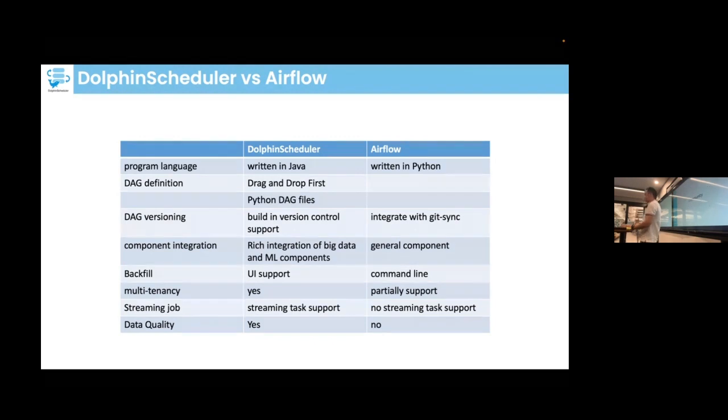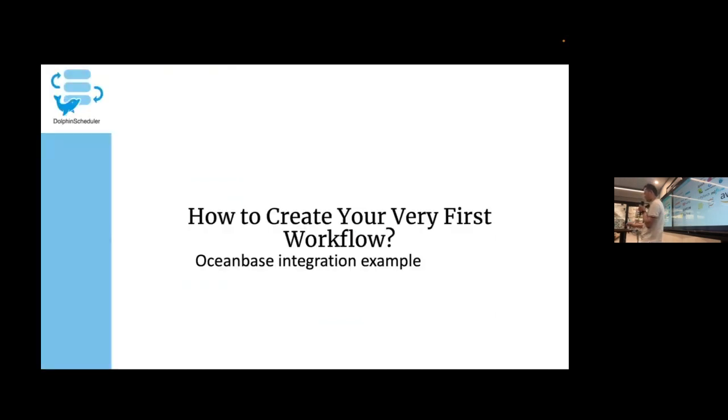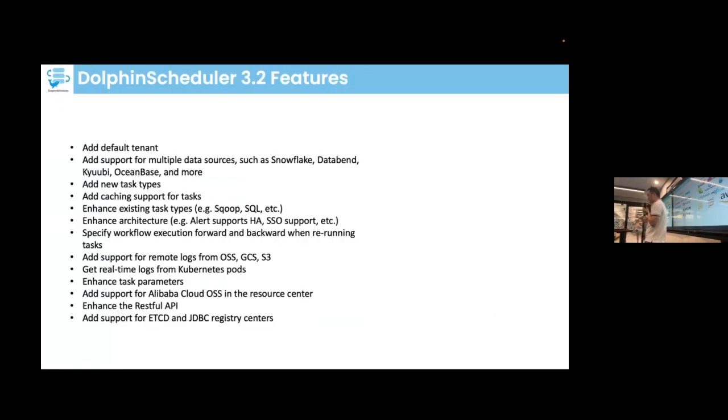Okay. Next, I will talk a little bit about the DolphinScheduler community. Right now, DolphinScheduler has many users, with many companies using it like IBM, Dell, Lenovo, Tencent in China, WPS, and also Walmart.